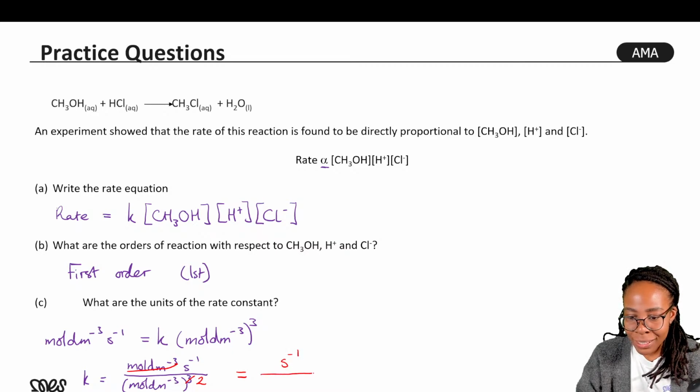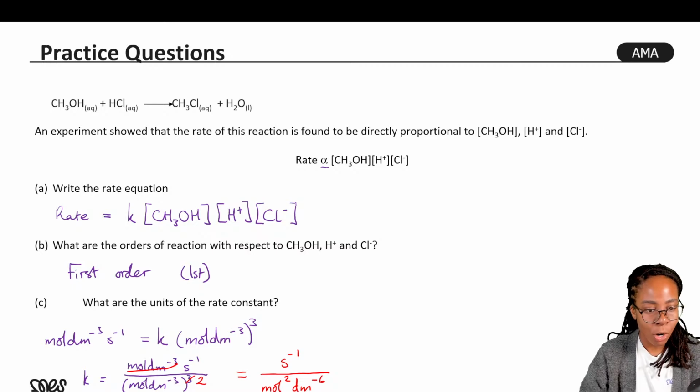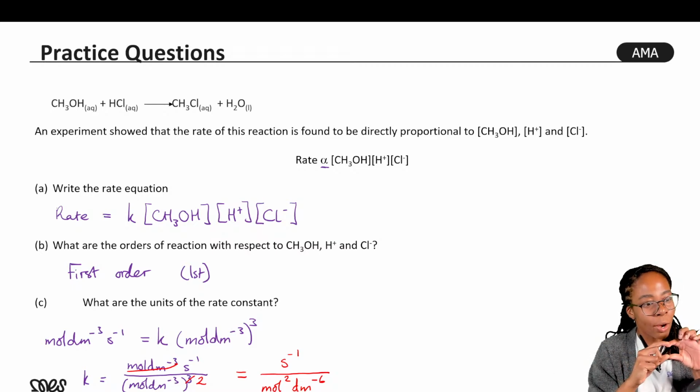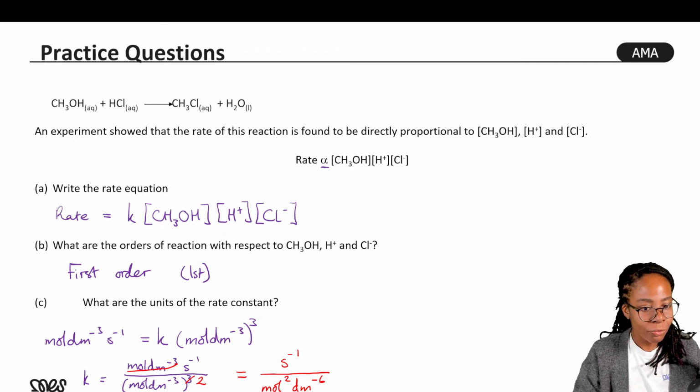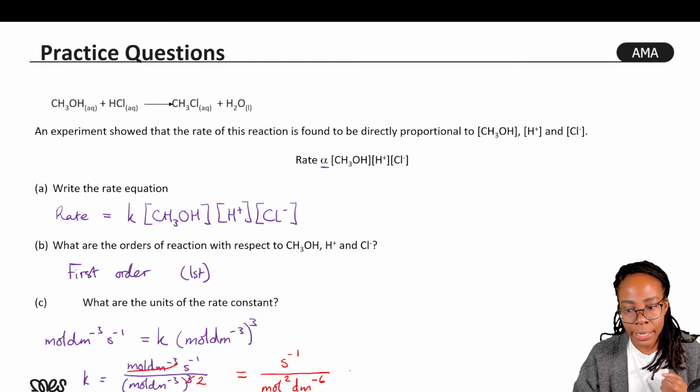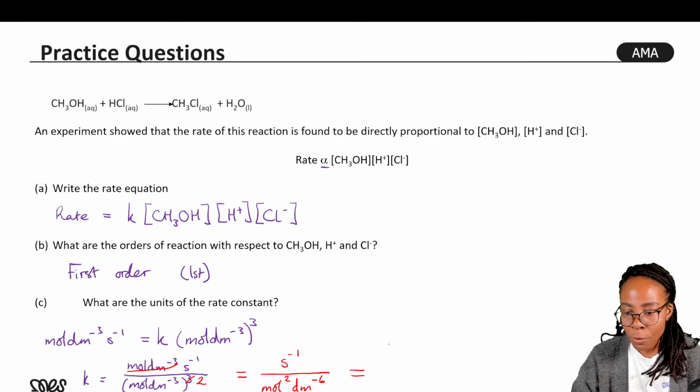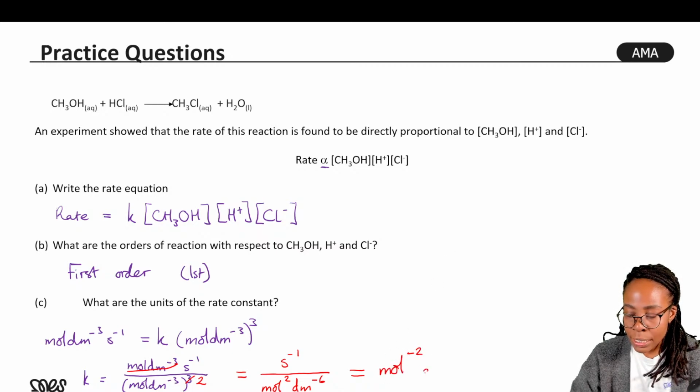we end up with seconds to the -1 on the top, and then moles squared decimeters to the -6 on the bottom. But we want that all as just one line, right? One set of units. And anything that's on the bottom, we just flip the sign and bring it up to the top. So our final units will be moles to the -2, decimeters to the +6, seconds to the -1.